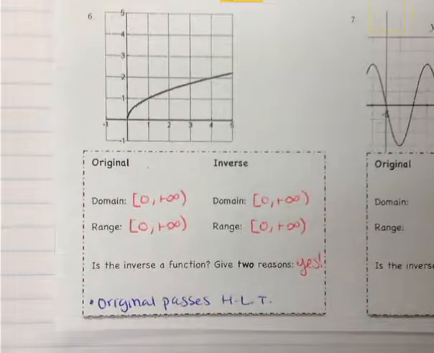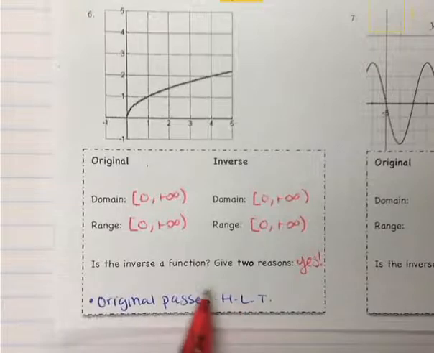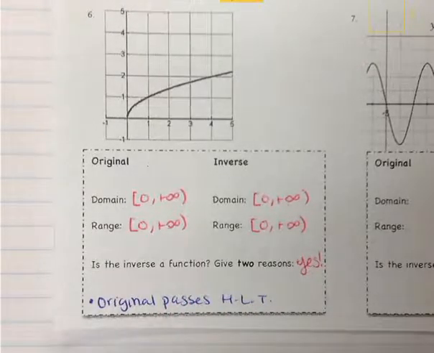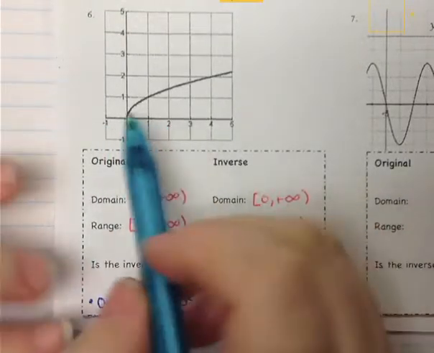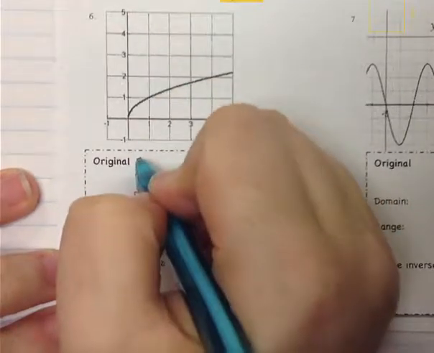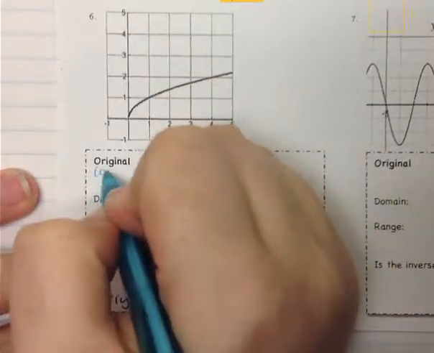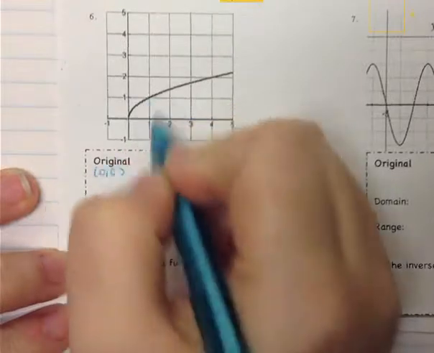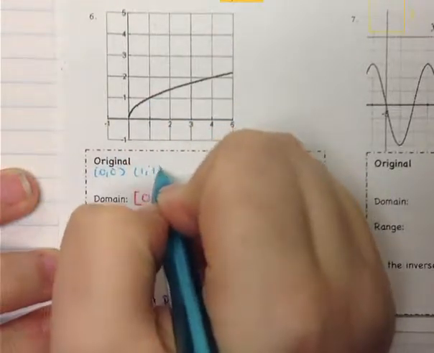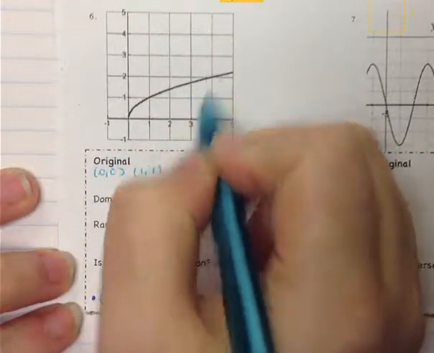Once we graph the inverse in red, we'll be able to do the vertical line test on it to see if it's a function, which it should pass, since we already know it should be a function. So here are some coordinates of the original, so we can graph the inverse. One coordinate is 0, 0, then 1, 1, then 4, 2.